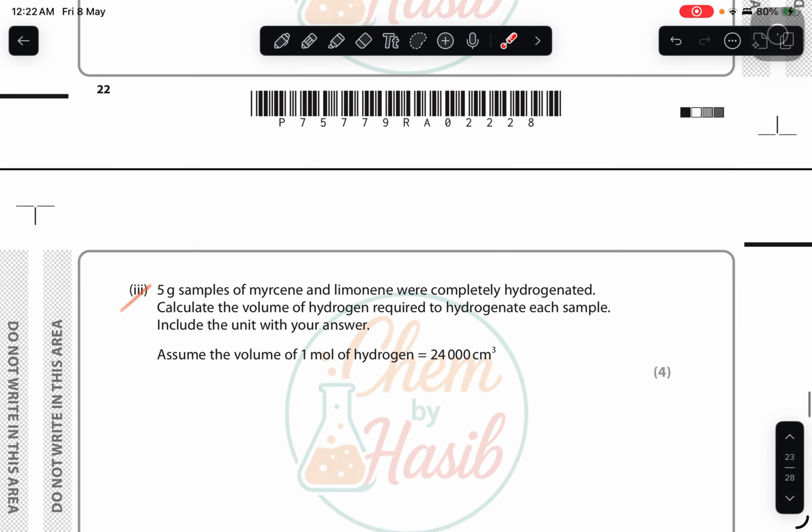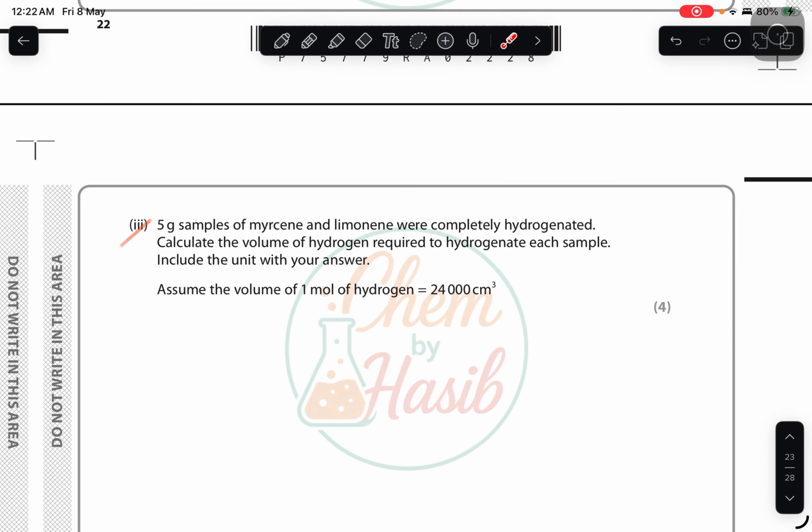Next question. 5 grams of myrcene and limonene were completely hydrogenated. Calculate the total volume of hydrogen required to hydrogenate each sample. So 5 grams of myrcene was hydrogenated. So what you do is you find the moles of myrcene, which will be mass divided by the molar mass.